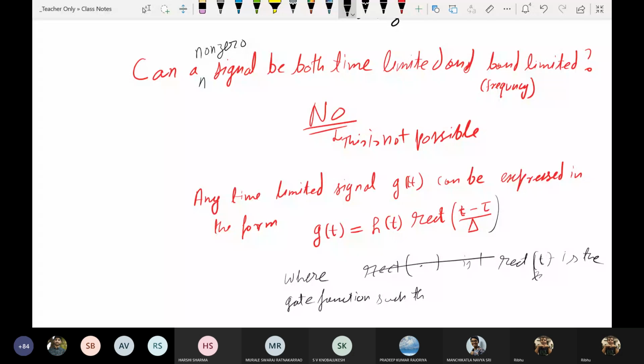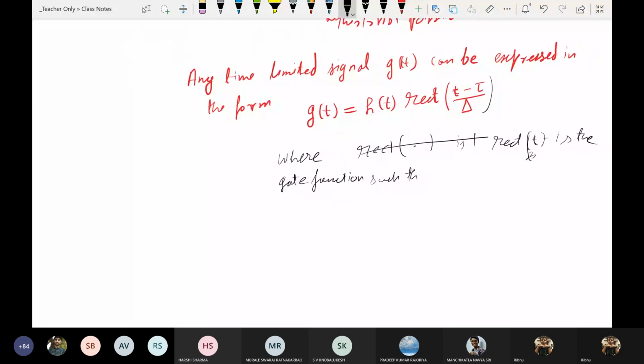Yeah, where this is the gate function such that, fine.